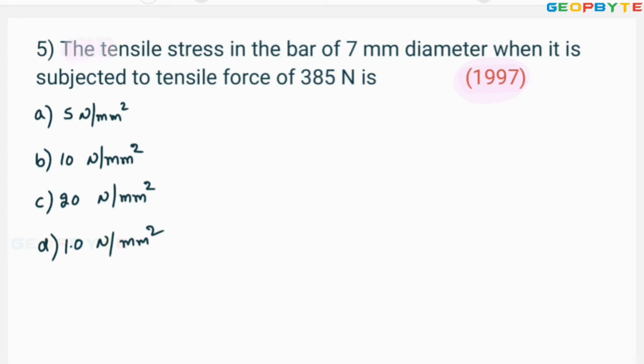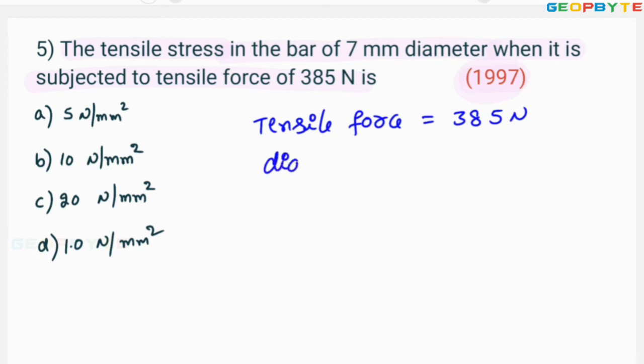The tensile stress in a bar of 7 mm diameter when it is subjected to a tensile force of 385 newtons is, it is given that the tensile force is 385 newtons and the diameter of the rod equals 7 mm.